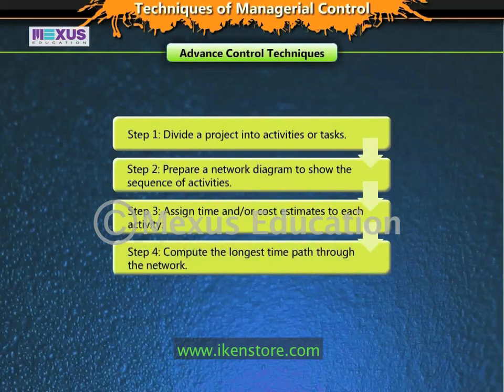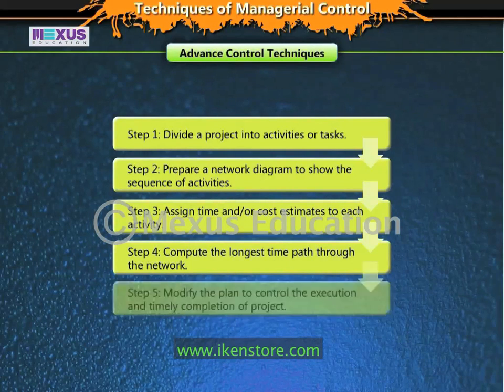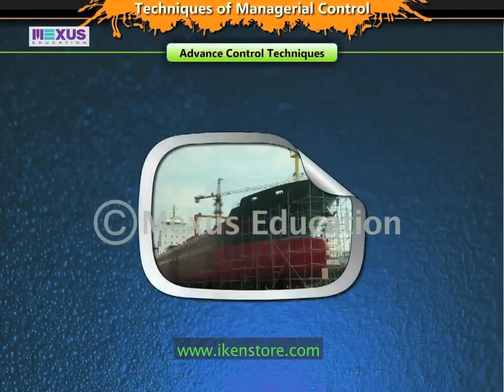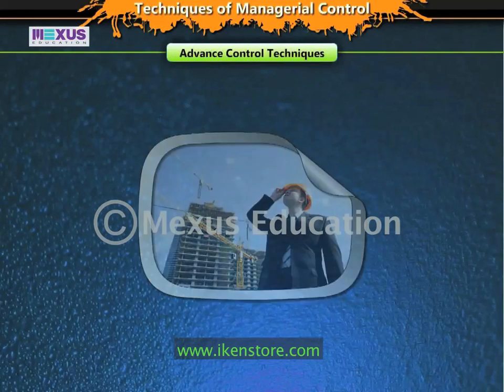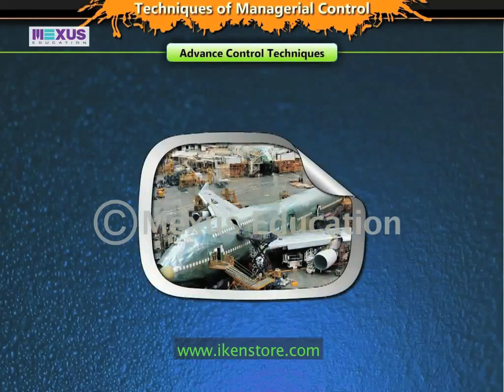Then, he will have to compute the longest time path through the network. The path is known as the critical path. At last, he may modify the plan to control the execution and timely completion of the project. PERT and CPM are used extensively in areas like shipbuilding, construction projects, aircraft manufacture, to name a few.